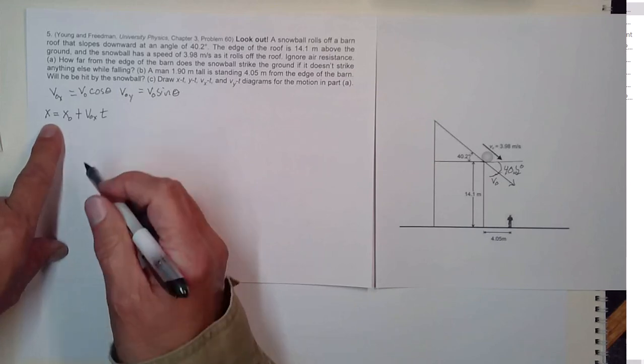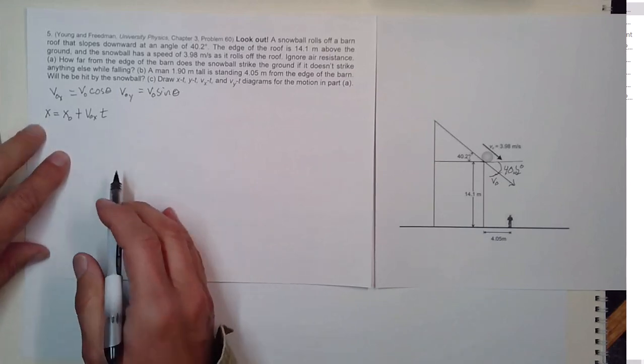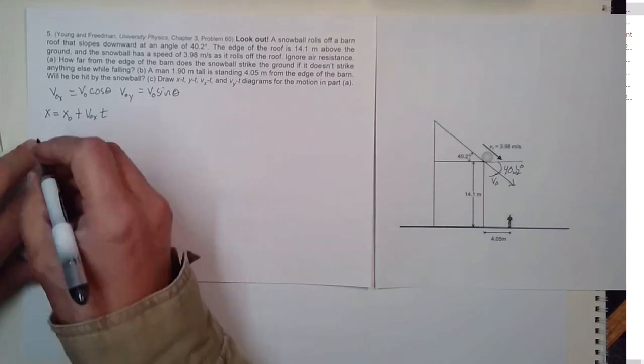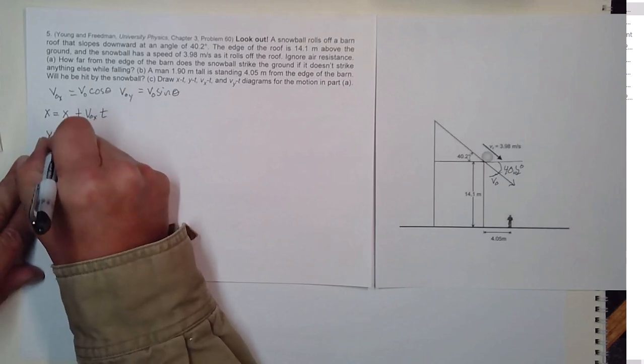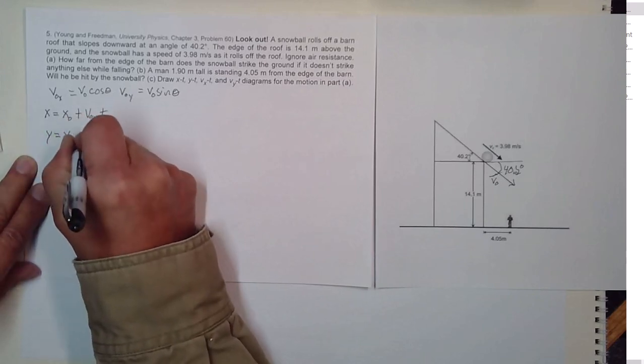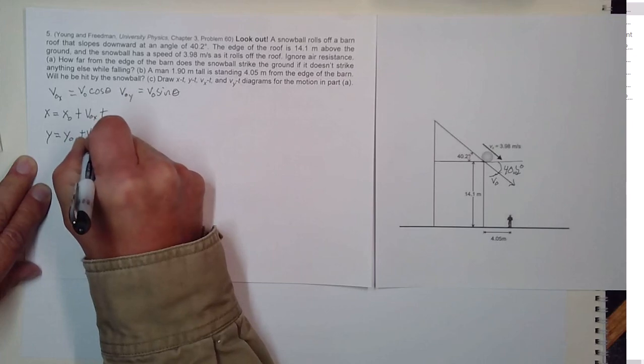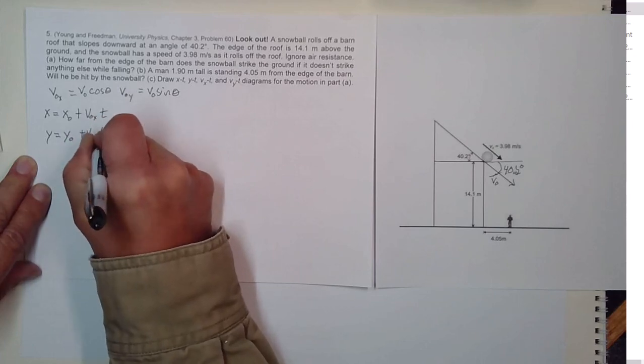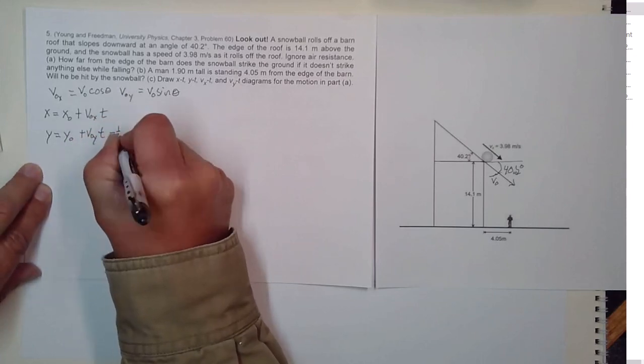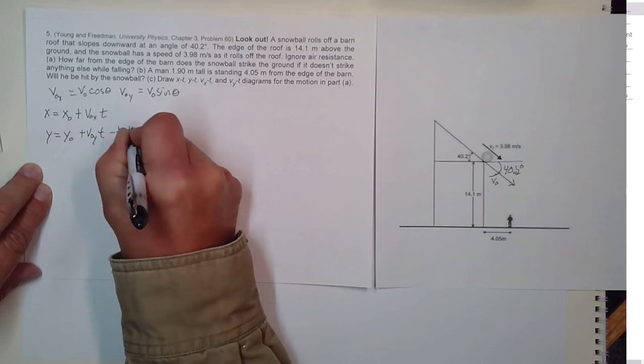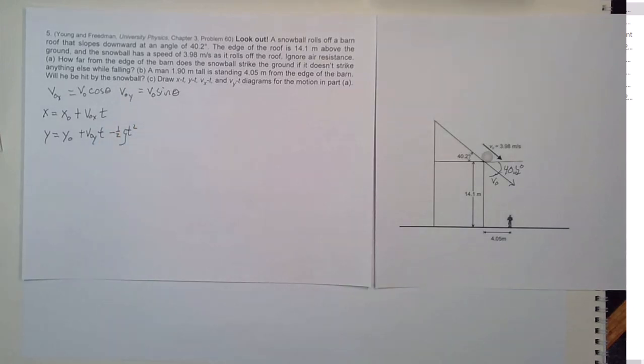And you should have copied enough of these from the formula sheet that you're getting pretty good at it. Also, we'll have y equals y naught plus V naught y t minus 1/2 g t squared. Okay, so there's the equations we work with every time.